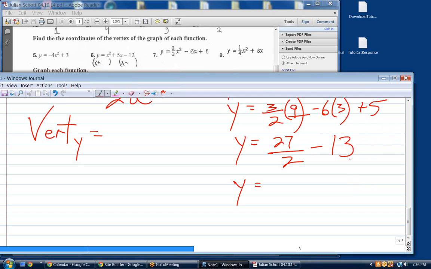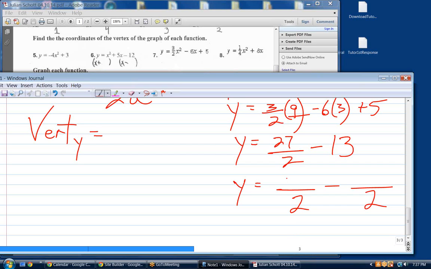Now, there's two ways to do this problem. The last time we did this type of problem, we found a common denominator. Let's try that way, and then we'll do it the other way, and you can take your choice as to which way you'd like to use in the future. But if I'm going to use a common denominator, what's the common denominator going to be? 2.